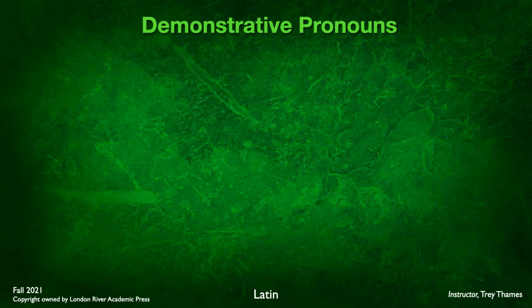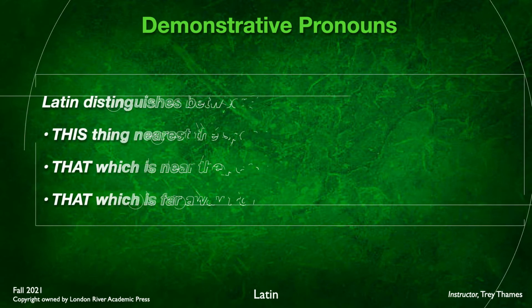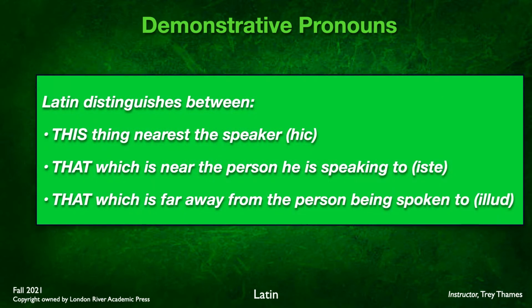Now, in Latin, we distinguish between things that are near the speaker, things that are near the person being spoken to, and things that are far away from the person being spoken to. The word this in Latin is hic, and that refers to the thing closest to the speaker.